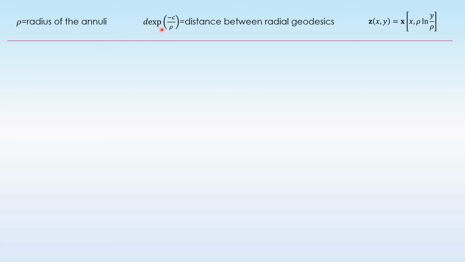D times e to the negative c over ρ is our distance between radial geodesics, where d is a metric from the usual coordinate plane. And from the previous slide, the definition we needed was z of (x, y) is equal to our coordinate map χ of x from the x coordinate, where we replace y with ρ times the natural log of y over ρ.